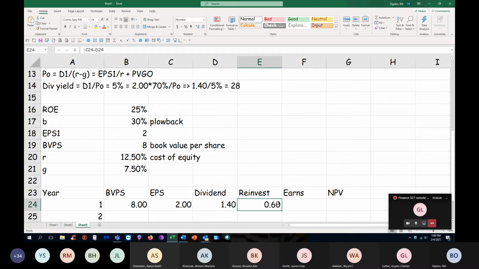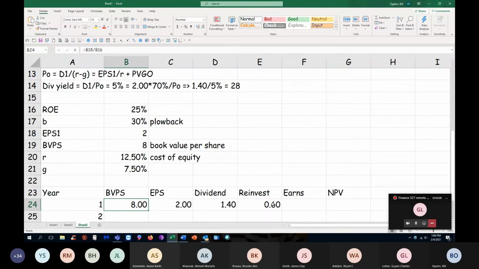All right, and so what basically do we have at the end of year 1 for book value per share? Well, we're reinvesting 60 cents. So we had $8 here. We're starting in year 2, we're going to be up to $8.60, aren't we? Okay, so in other words, this equity here is no different than this equity. This is the equity that we will add to the year 1 equity.